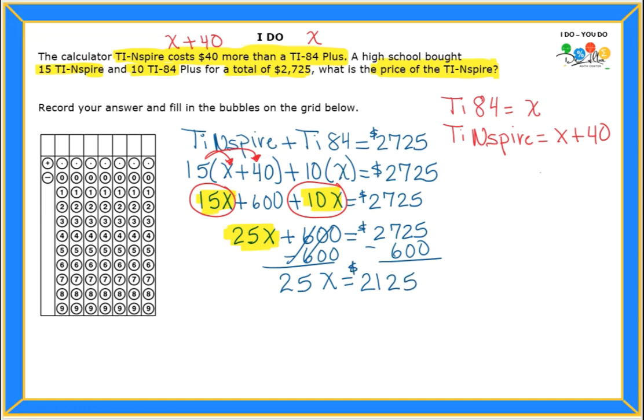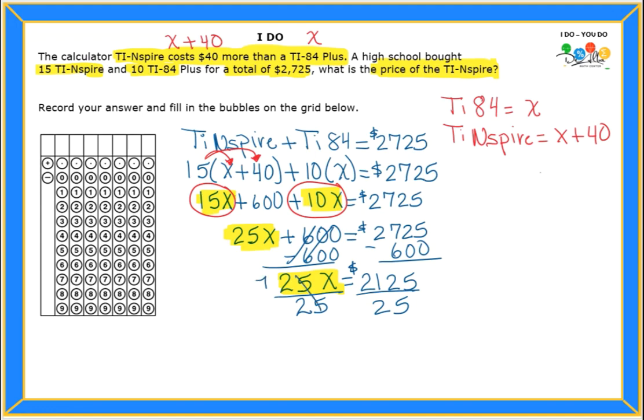So it's getting better. Now my term is only 25X. How do I eliminate 25? Well, 25 is multiplying the X, and the opposite of multiplying is dividing. Therefore, I'm going to divide both sides by 25. Remember, whatever you do on one side, you do to the other side.